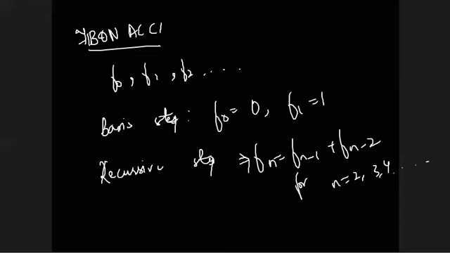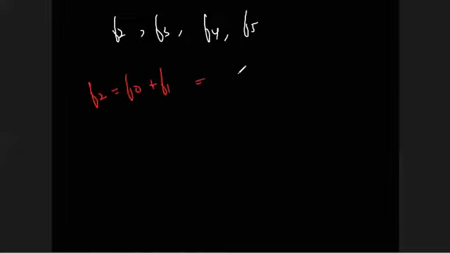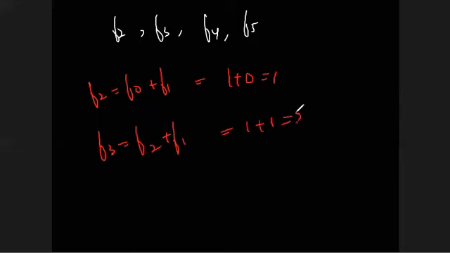So now if we want to find the Fibonacci numbers f2, f3, f4, f5, then we can proceed as follows. f2 will be equal to f0 plus f1, which is 0 plus 1, equal to 1. f3 will be equal to the previous two terms f2 plus f1, which is 1 plus 1, equal to 2. f4 will be equal to f3 plus f2, 2 plus 1, 3.